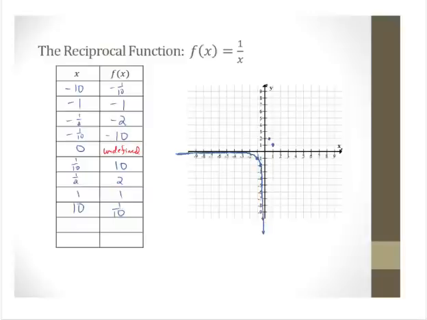It doesn't actually touch the axis, though, because remember, when x is 0, there's no y value, so there cannot be any point. So then the curve kind of jumps over that x value of 0 and comes back. It comes up here to the top and follows the rest of the points. It's still decreasing very rapidly until we get to 1, 1. And then it begins a very slow decrease.